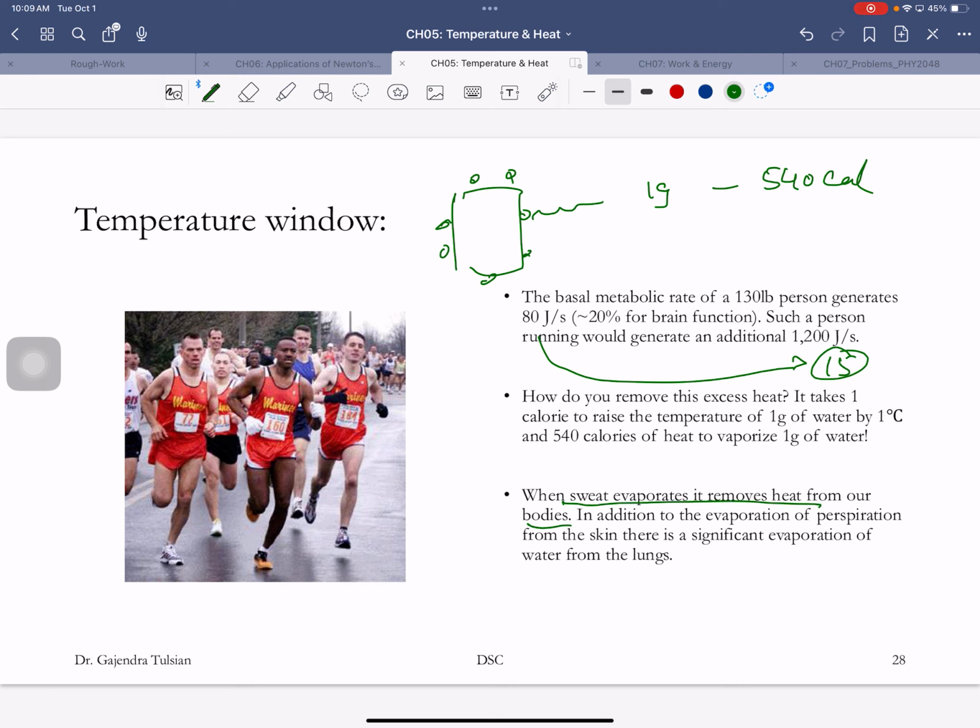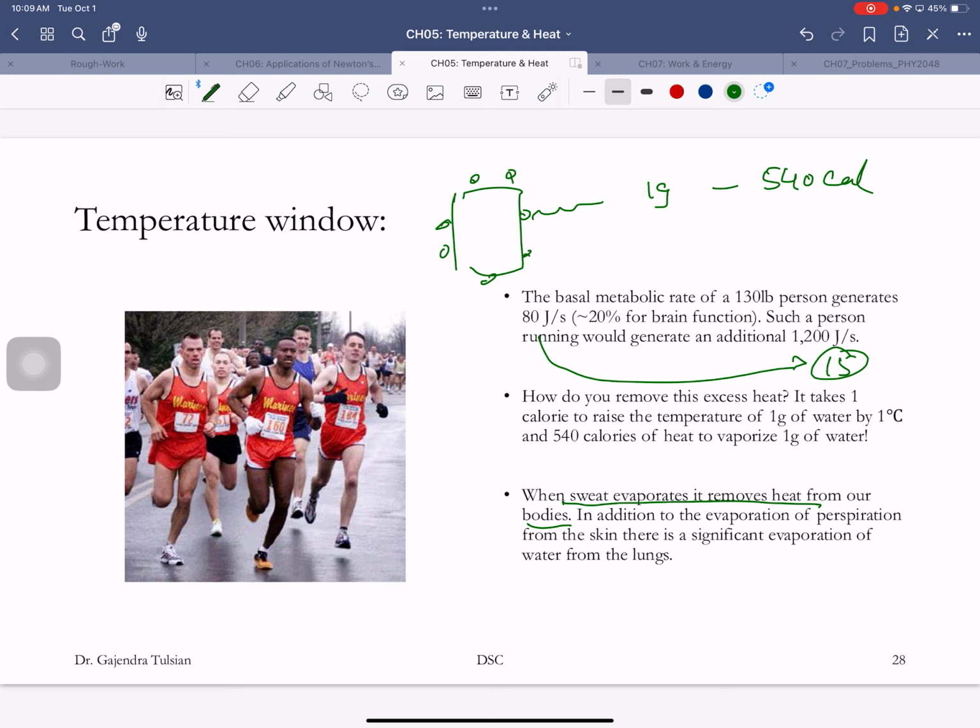So now you just learned, if you live in Florida and it's 100% humidity most of the time, you sweat and your sweat doesn't evaporate, what do you do? Okay? That's a problem. So we'll see in an emergency situation what happens.